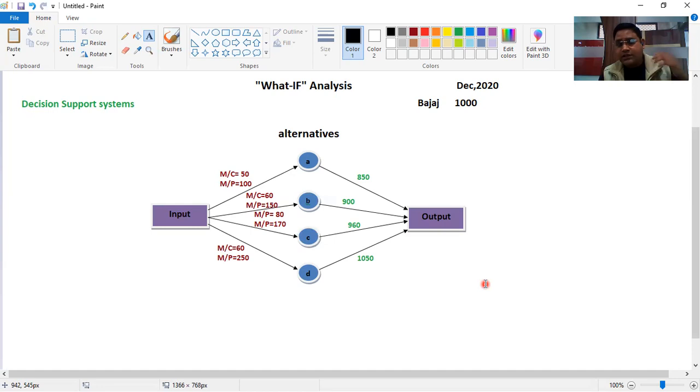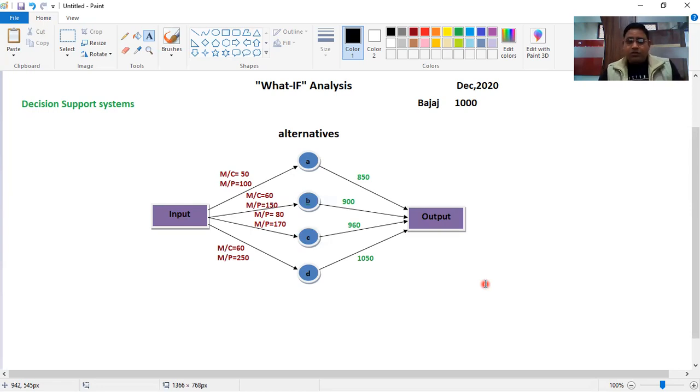You have to check each and every possible alternative. If you have 10,000 alternatives, you have to check each and every one, because if you check 9,999 alternatives and leave the last one, it might be that the left one is the best one. So you cannot skip any alternative. You have to check each and every one and see which one suits you best.